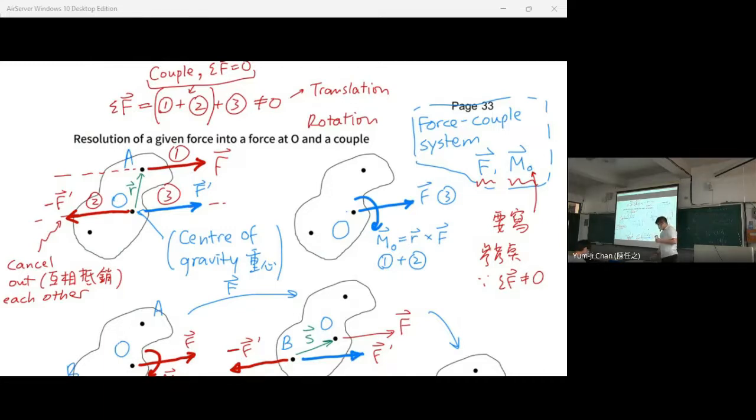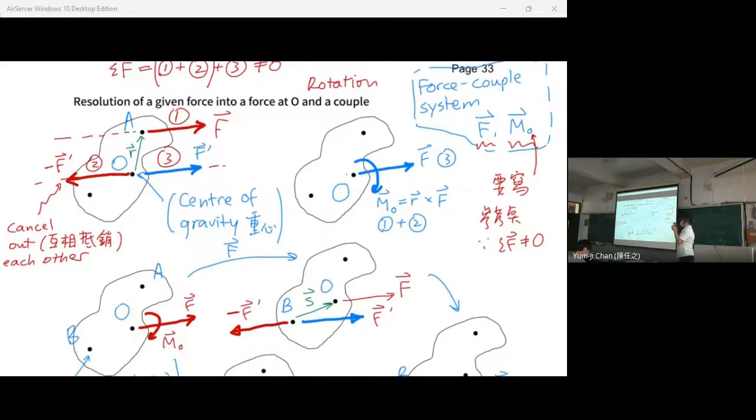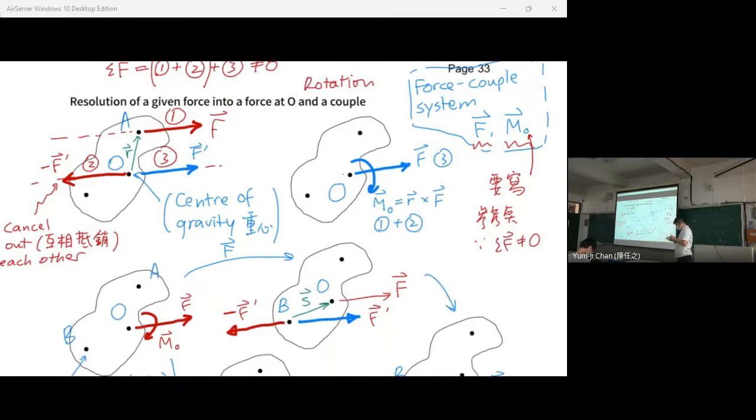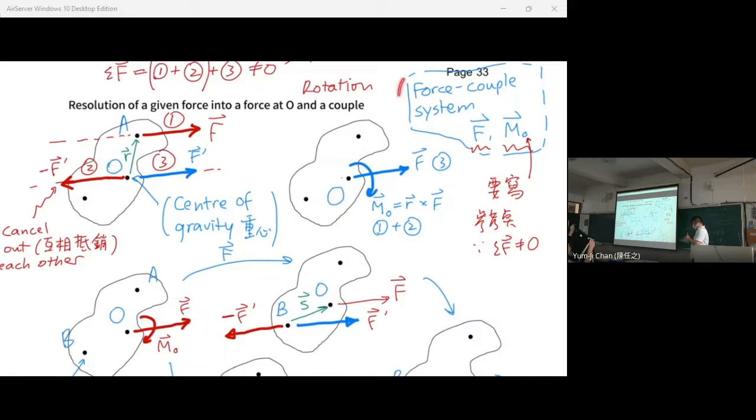Sometimes we want to talk about the forces at the center of gravity. So it will become a force at the point of the center of gravity, and we will have one force and one couple here. The magnitude of the couple is r cross F. So it is a force couple system.